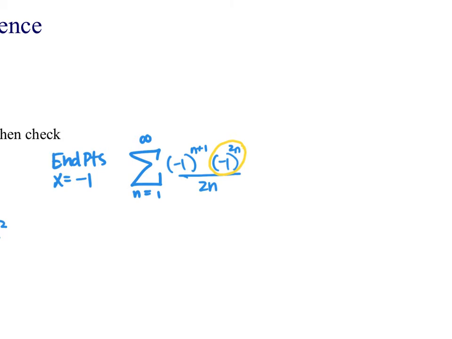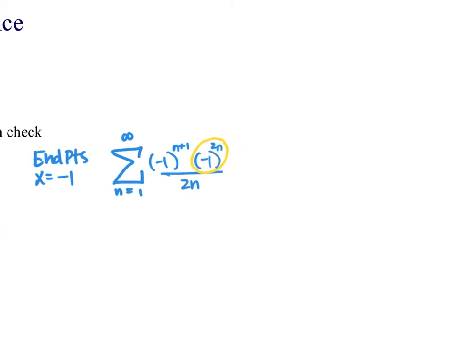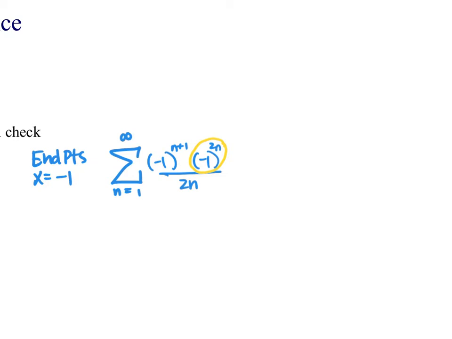And so that will always be +1. Let's see, we have -1 to the n plus 1 over 2n. I'm going to take this 2 and pull it outside of my series. So I'm going to have 1/2, and then maybe I'm going to write this as times 1 over n.